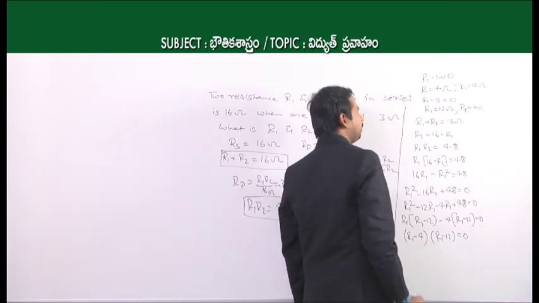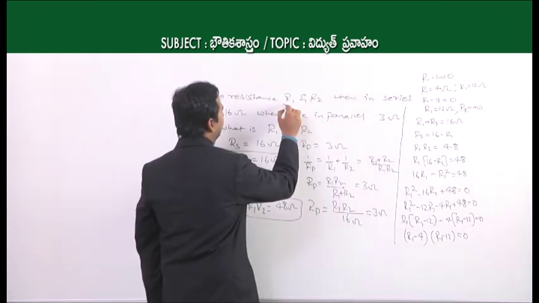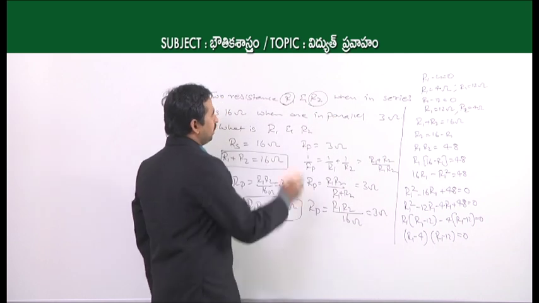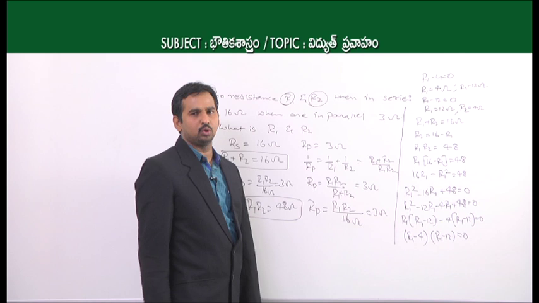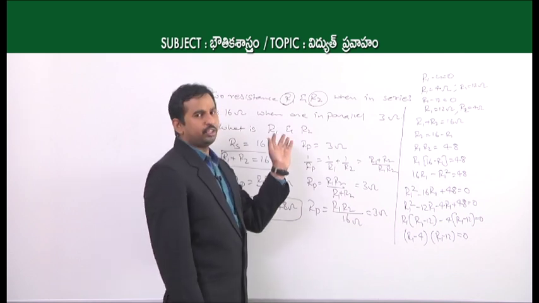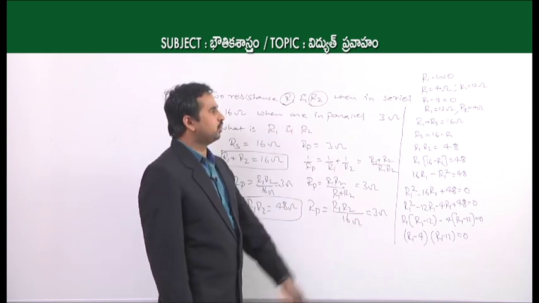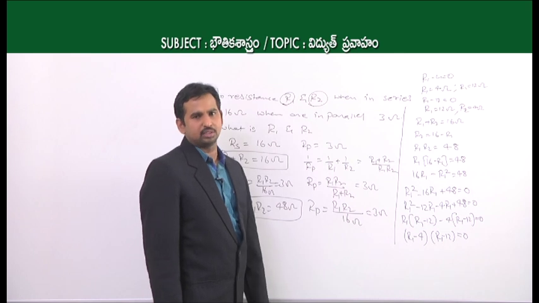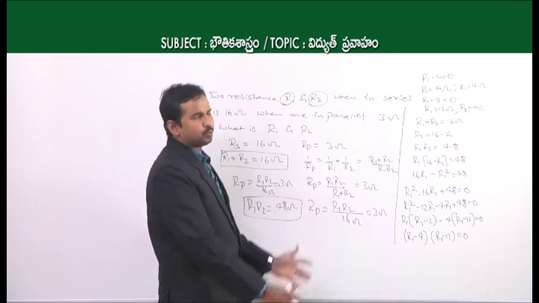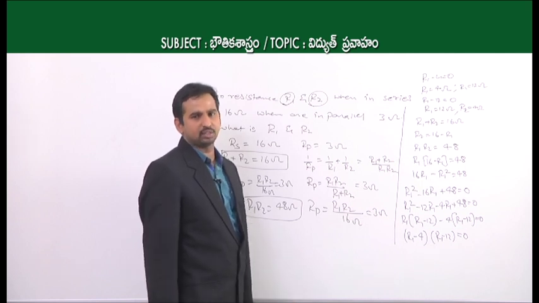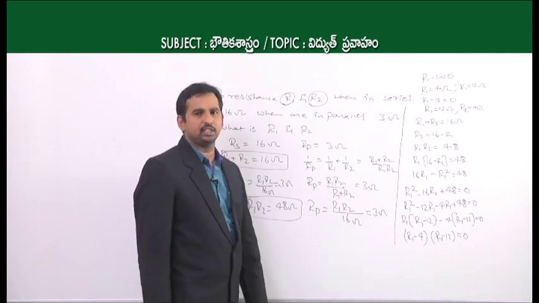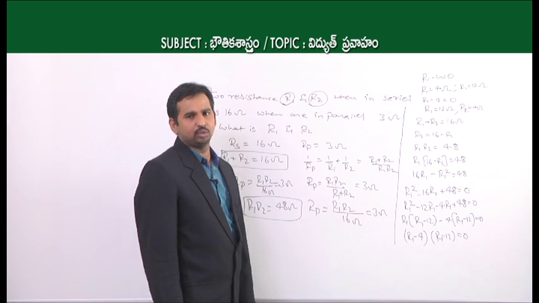So for the combination of R1 and R2, if one of them is a 12 ohm resistance, the other one is going to be 4 ohms, or if R1 is 4 ohms, then R2 is 12 ohms. Like that, if both the series and parallel connection equivalent resistances are given for two resistors, we can find the R1 and R2 values separately.